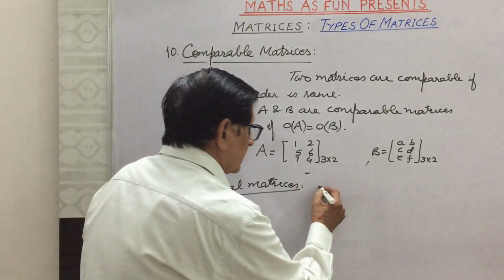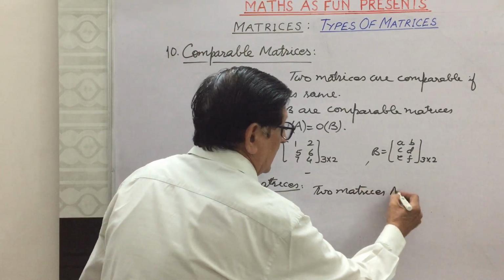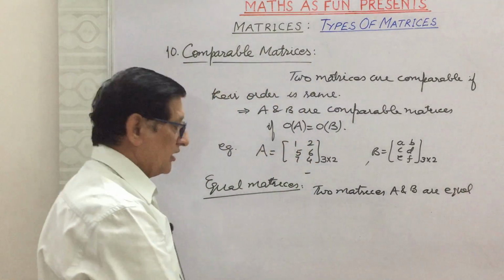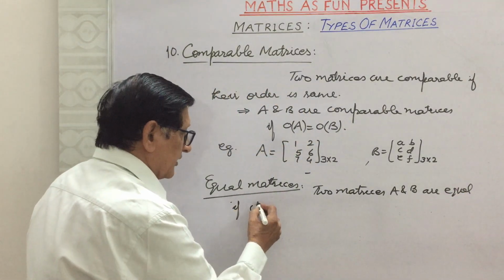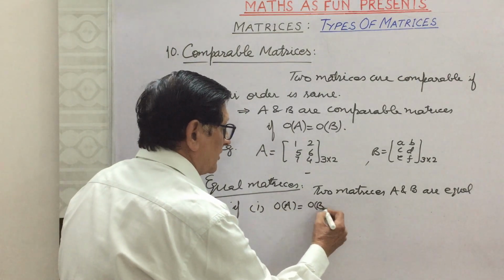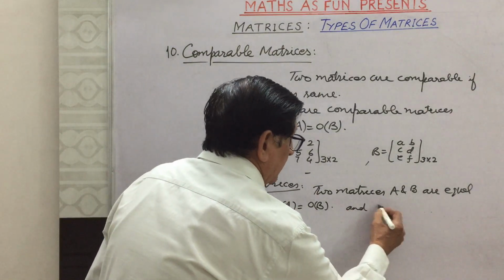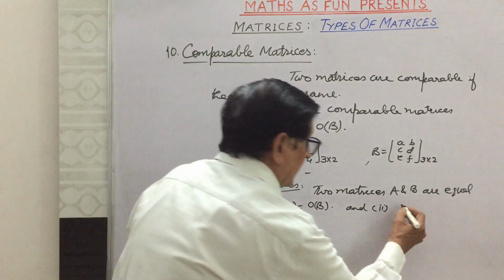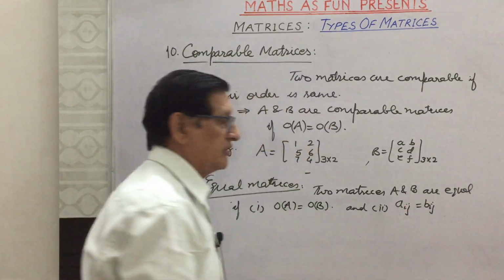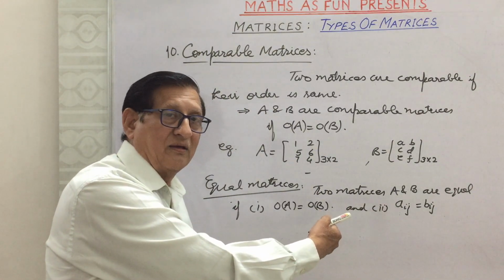So we can say that two matrices A and B are equal if, number 1, order of A is equal to order of B, which means they should be comparable. And number 2, Aij is equal to Bij. It means their corresponding components are to be the same.